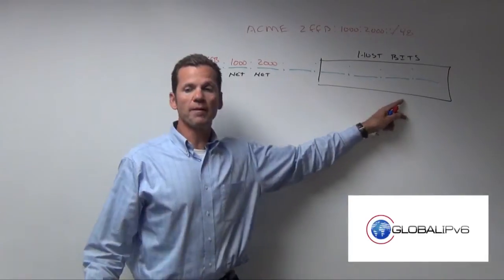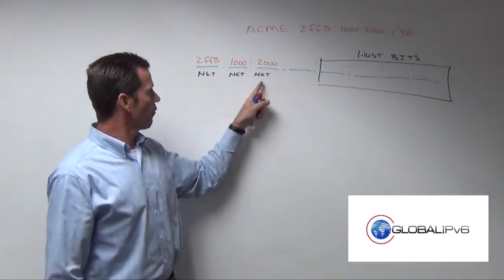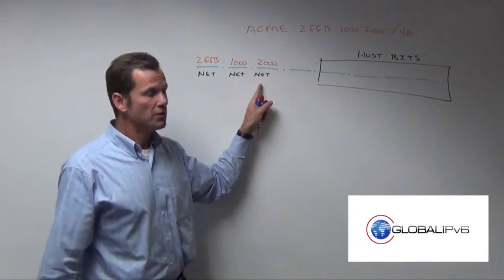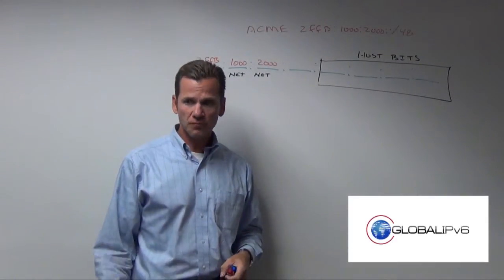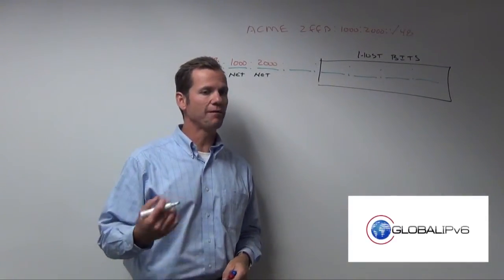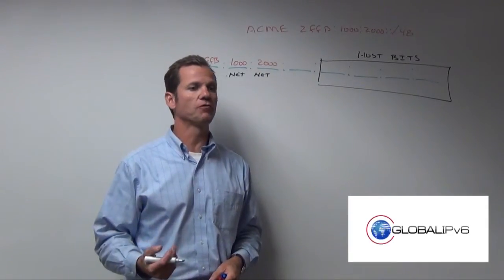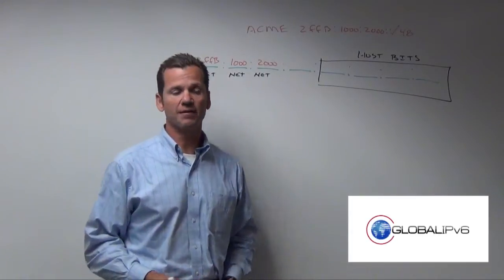So if the last 64 bits are assigned for the host, and the first 48 bits are assigned for basically your network portion, really what you're going to have left is these next 16 bits. And that's typically where, out in the field, we're subnetting a lot of times, on that 4th field right there.